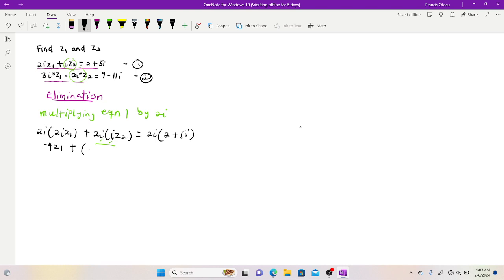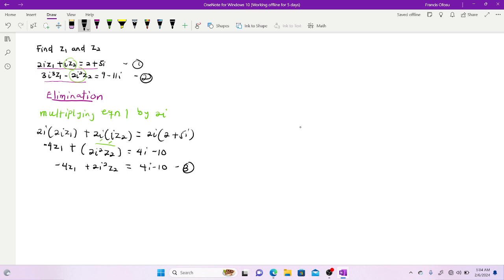So we will leave it as 2i squared z2, right, is equal to, here will give me 4i, i by i is -1, so -10, right? And this becomes, let me rewrite it, -4z1 plus 2i squared z2 is equal to 4i minus 10. This becomes our third equation.